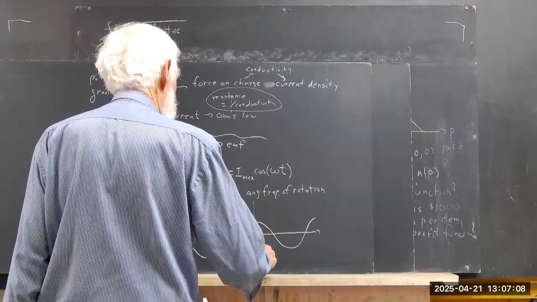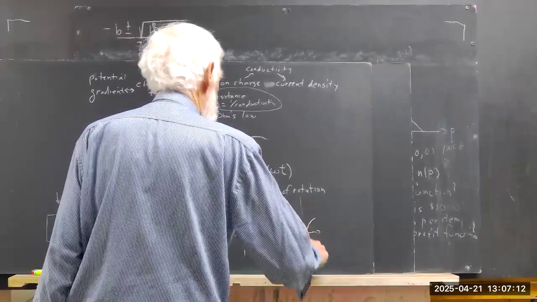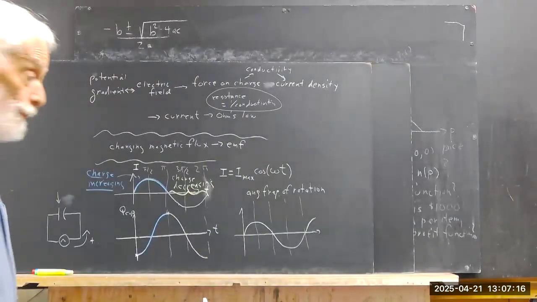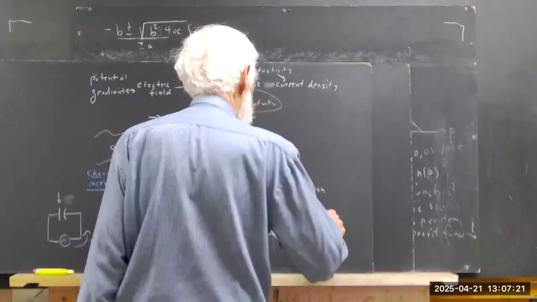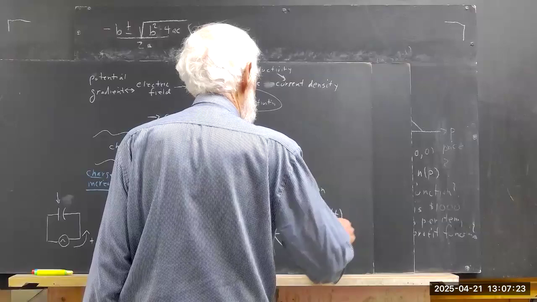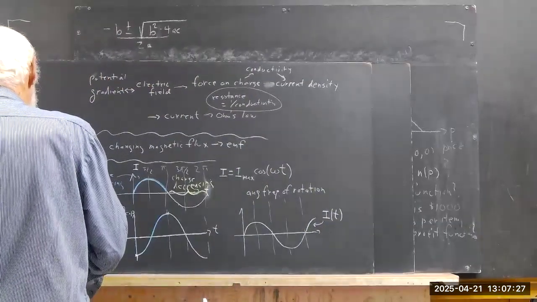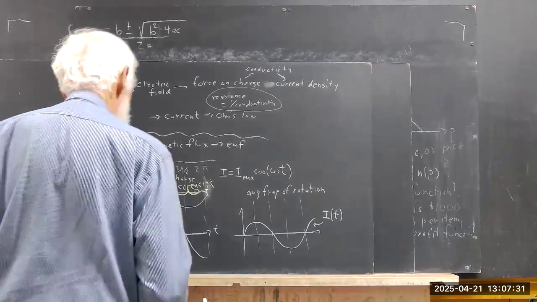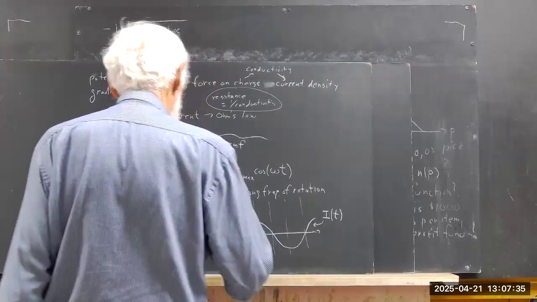Like so. It helps to sketch the quarter cycle lines. So here is I, and here is your capacitor voltage.